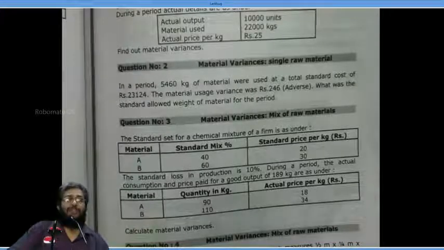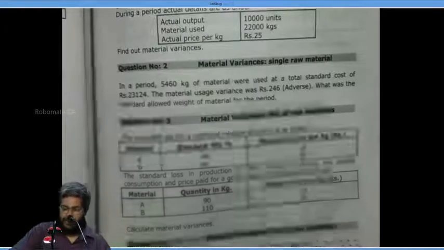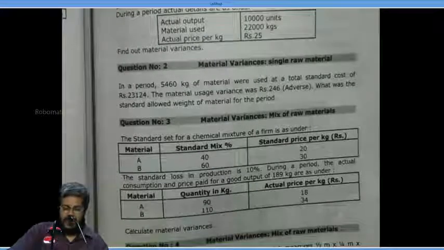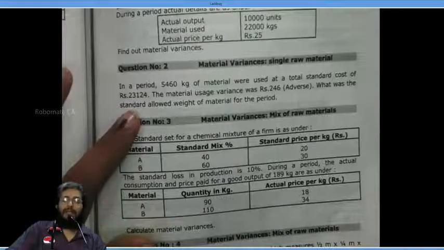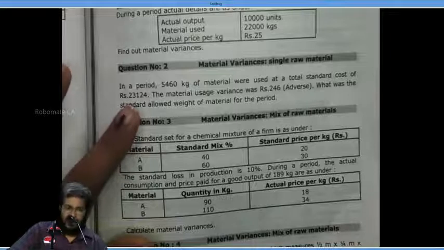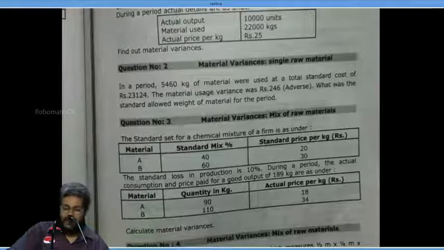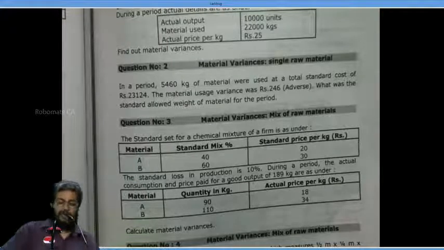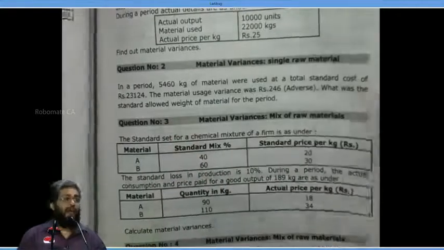What is 5,460 kgs? Actual quantity of raw material, AQ, at a total standard cost of 23,124. That is nothing but SQ into SP, which I call standard cost. Material usage variance is 246 adverse. What was the standard allowed weight? That means the standard quantity of material for the period.